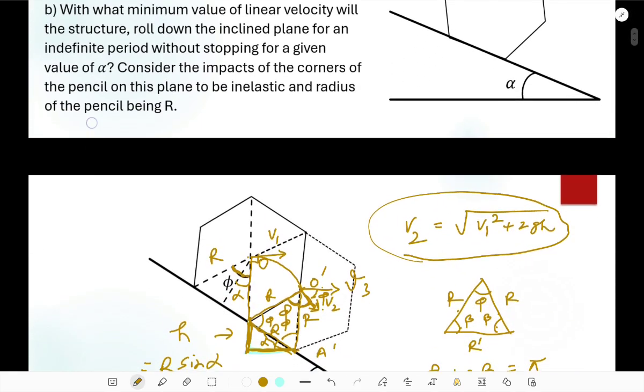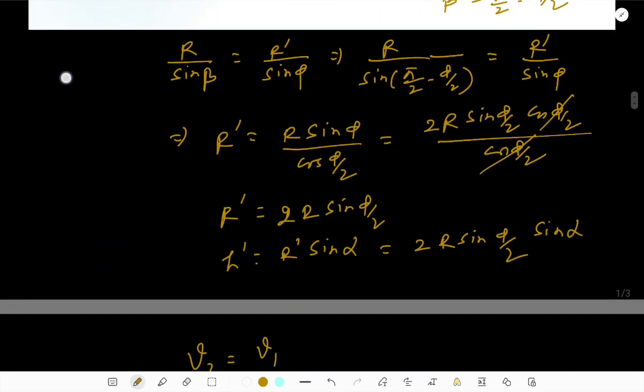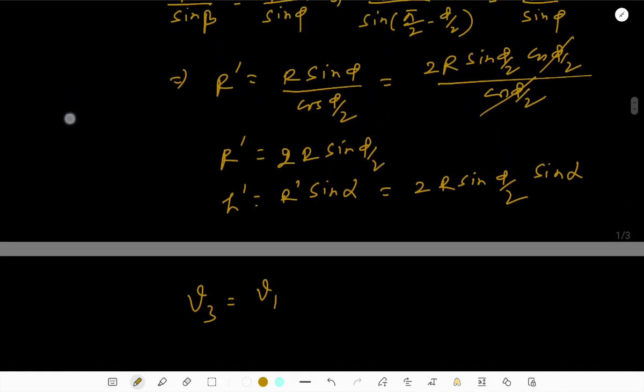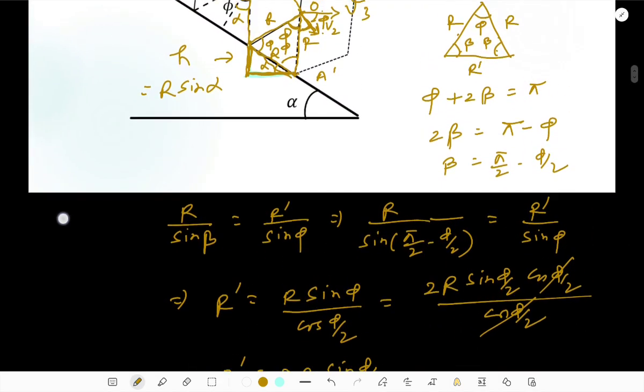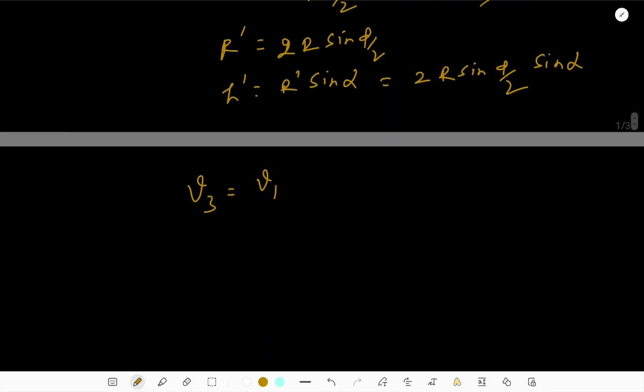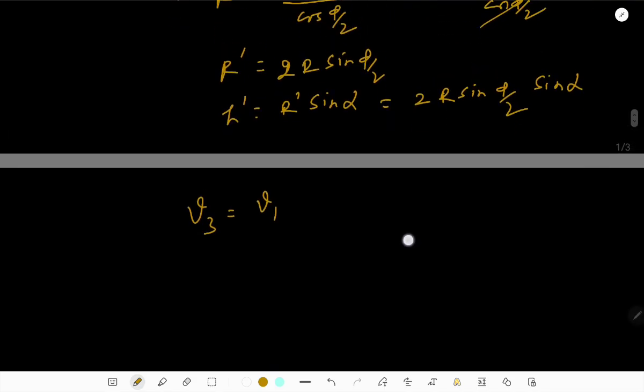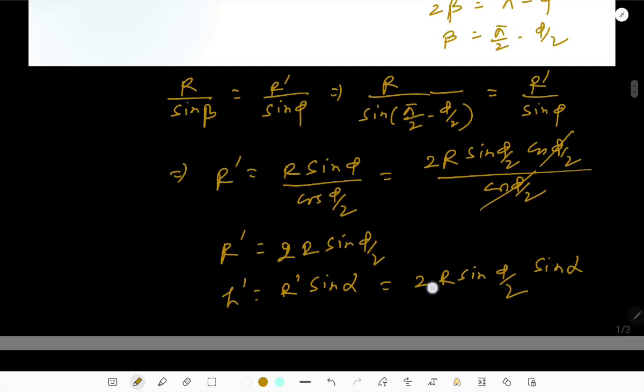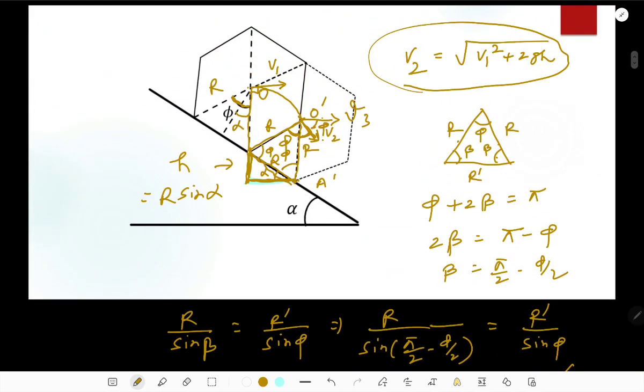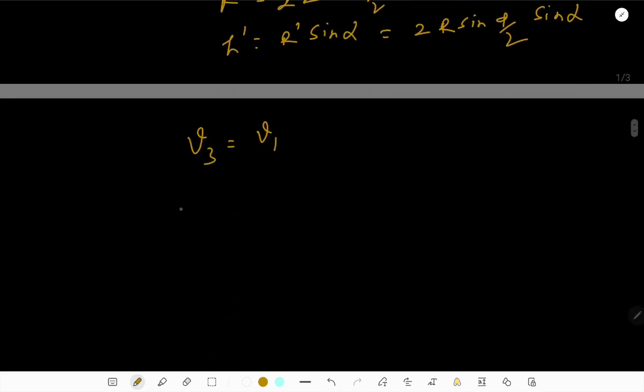That means v1 should be equal to v3, and then you can solve the problem as well, because I earlier got that this v3 is equal to v2 cos phi. So v3 is v2 cos phi, and this must be equal to v1.